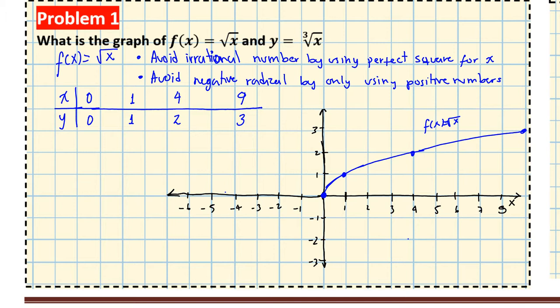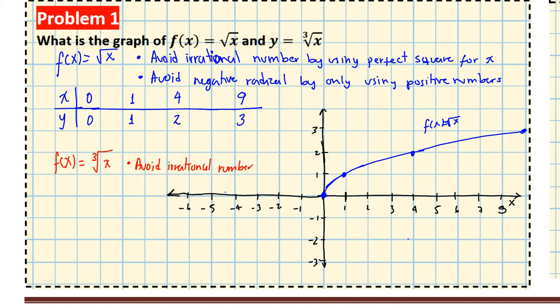Now, for the cube root, we have less limitations. Okay, we're still going to avoid irrational numbers by using perfect cubes, but that's it. Okay, so let's actually draw the table over here.